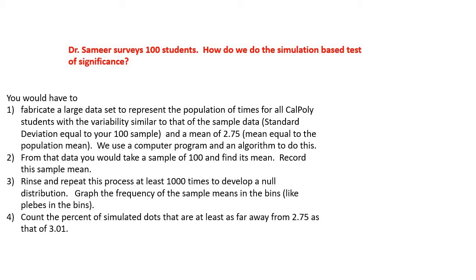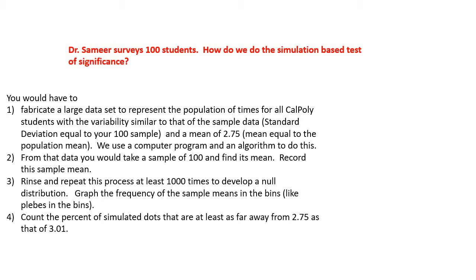That algorithm is complicated, and so we're not teaching the algorithm this semester. If you take more math, you'll have to learn how to run R to get that algorithm. But anyways, we have an algorithm that can fabricate a large data set that has the mean of the population, so it's a null. It's the null hypothesis distribution. It's a distribution that goes with a null.